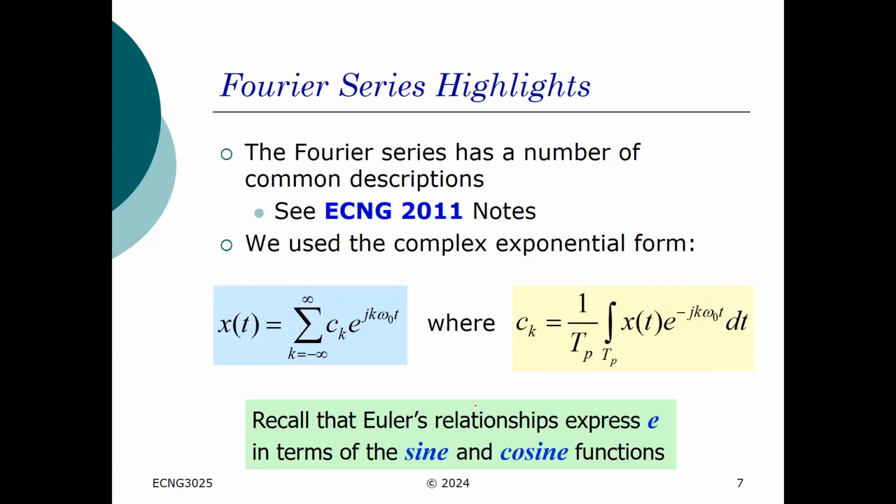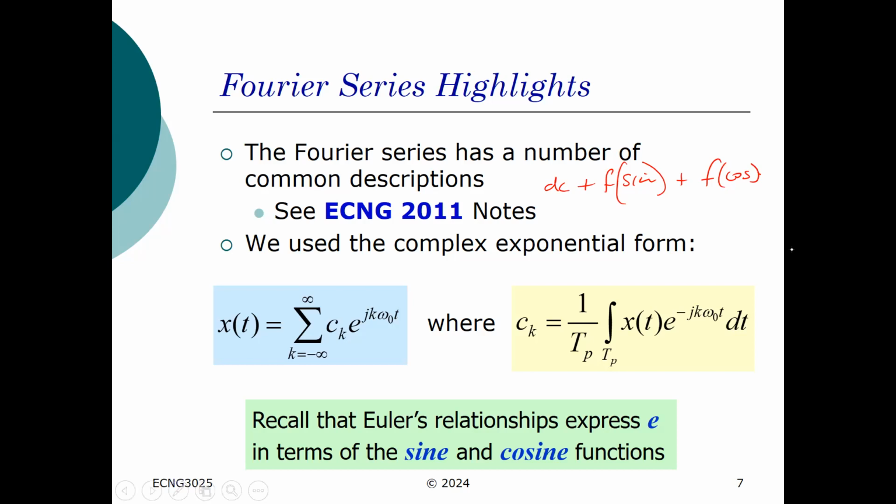There are a number of common ways of describing that. Way back, you know that there's the trigonometric form, which literally has a set of sine functions plus a set of cosine functions plus a DC.